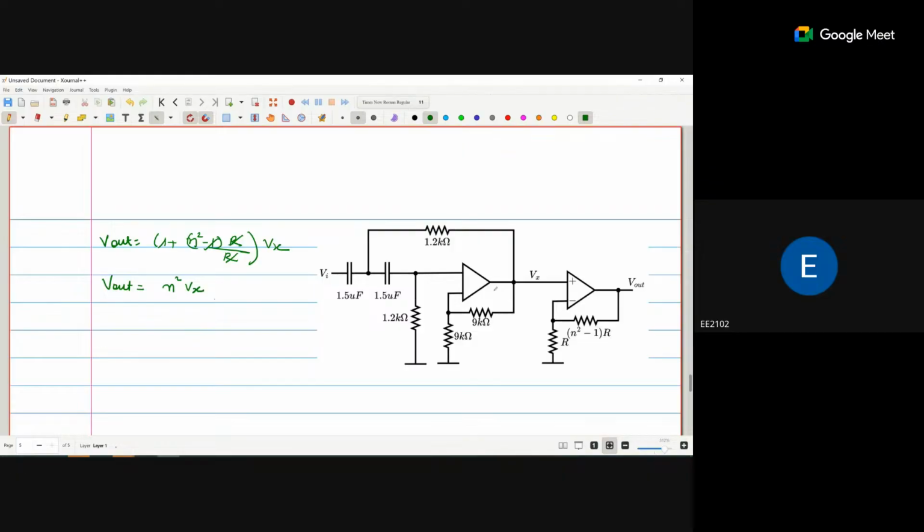Okay, so first of all, we identify the terminals. If you break this loop and apply the positive signal, here you are getting positive, but it won't work on the DC. So your capacitor will behave as an open circuit. So we consider this terminal should be negative, and this should be the positive.